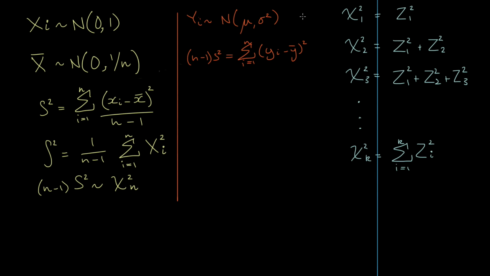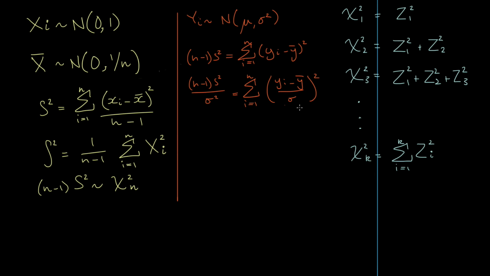And so we want to try and get into the situation we had before, where what we had in this summation was a standard normal distribution, because then we can essentially say this distribution is chi-square. And so to get that, the first thing we need to do is try and get the variance of what's inside these brackets to that of a standard normal distribution. So if we go n minus 1 times s squared, and we divide this by the population variance, whatever it is, well, this is going to be equal to the sum from i equals 1 to n of yi minus y bar, divided by sigma squared.